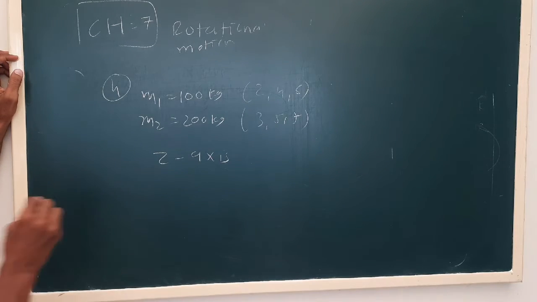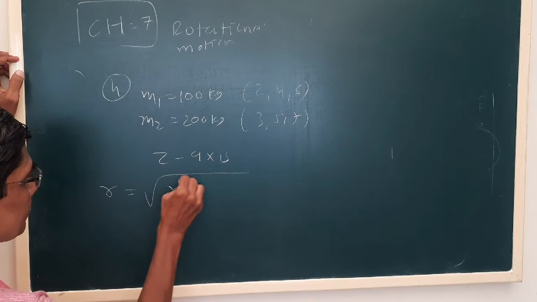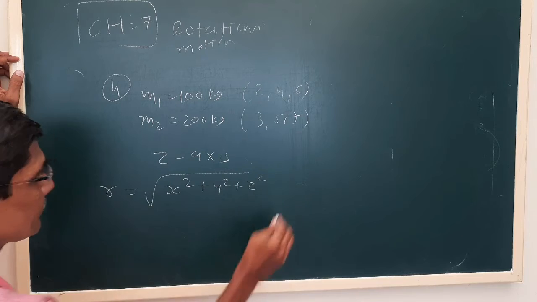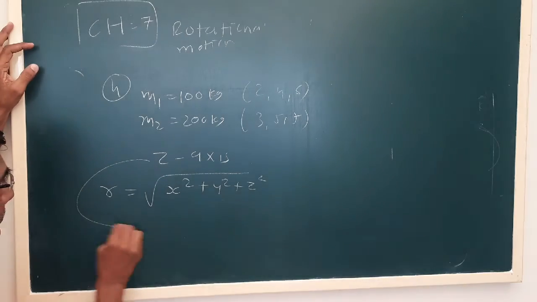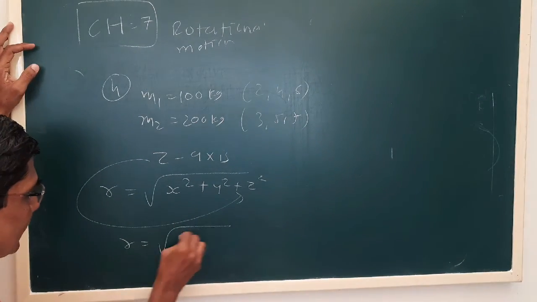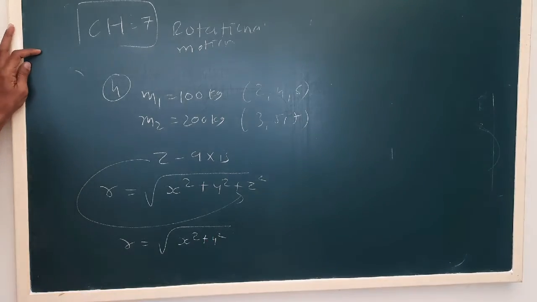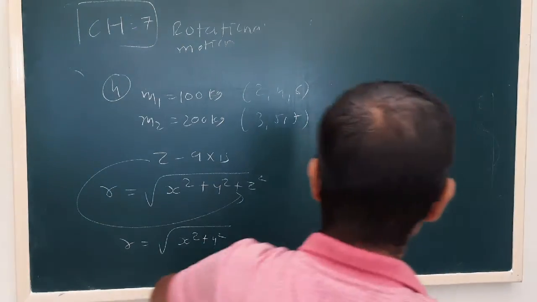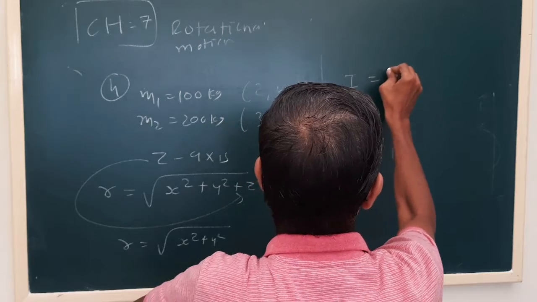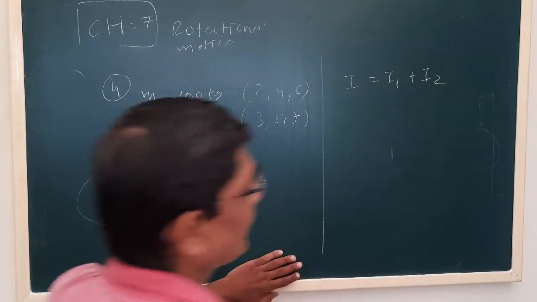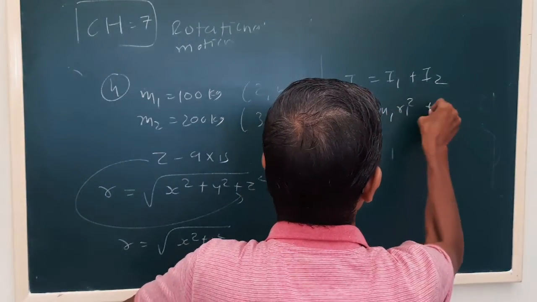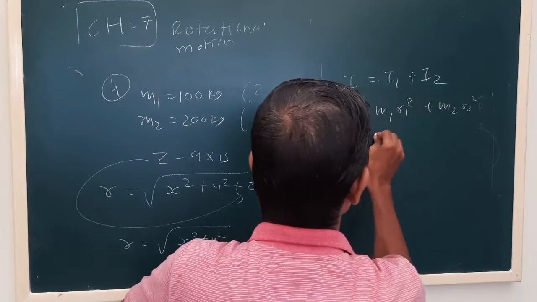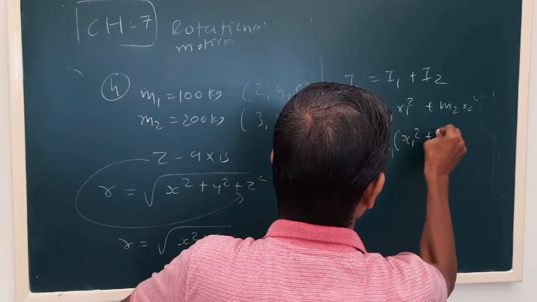Now if we recall our distance formula, when we calculate moment of inertia about the z axis, we have to take the z coordinate 0. In that case r will be equal to x square plus y square. Now see our equation, I is equal to mr square. Here there are two particles, so we write I1 plus I2. It will be m1 r1 square plus m2 r2 square. Now you will get m1 (x1 square plus y1 square).